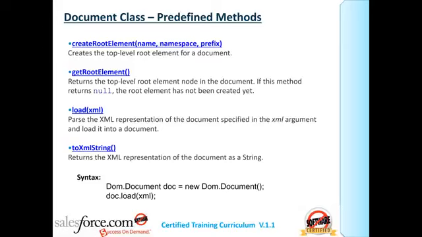Get is deserializing. Get means bring. Create means generate. So create means it will create an XML, whereas get means from an XML, get the data. One is serializing, one is deserializing.